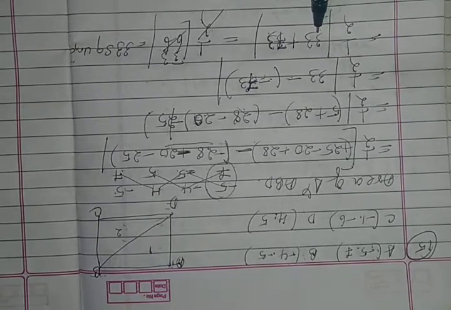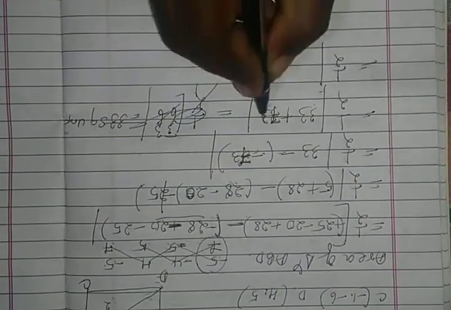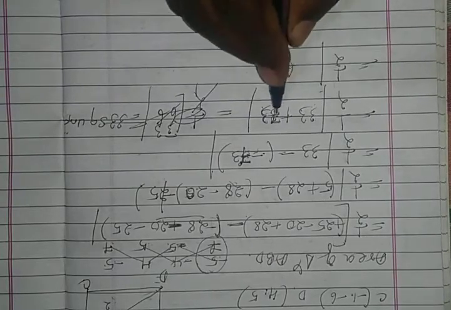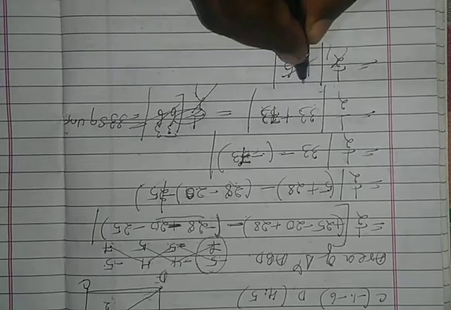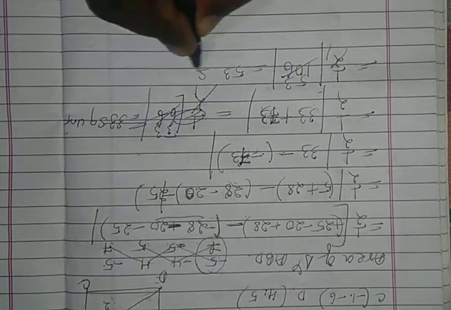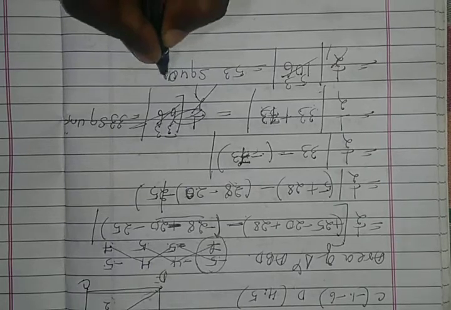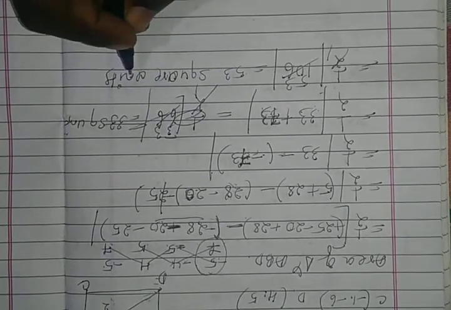73 plus 33 is, here it is, half of 106. 2 1s are 2, 2 5s are 10, 2 3s are 6, it is equal to 53 square units. So carefully observe the sign.